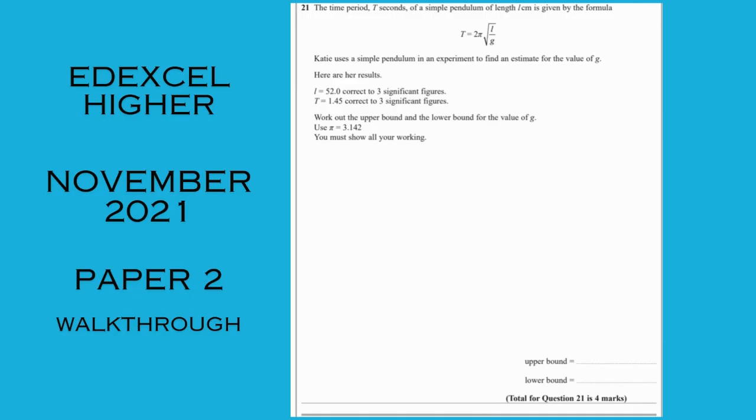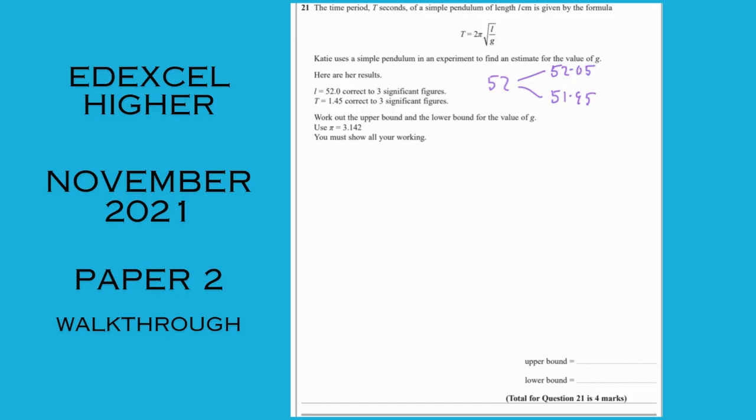Number 21. So as soon as you see lower and upper bounds, get writing down some spiel. So 52, the upper and lower bound to 3 sig figs is 1 decimal place, or in other words, nearest 10 pence. So you go up by 5 pence and down by 5 pence. I know it's not pence, but I'm just using something that your brain is pretty good at working out.